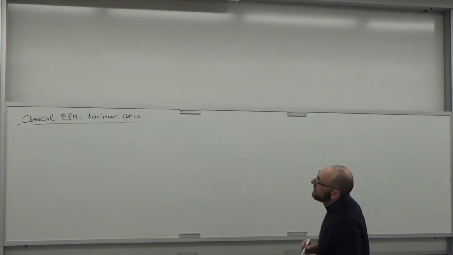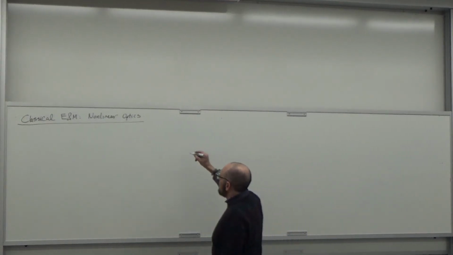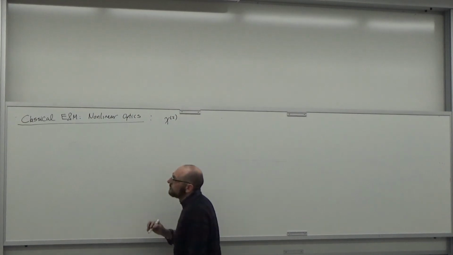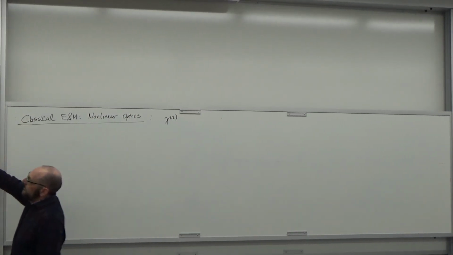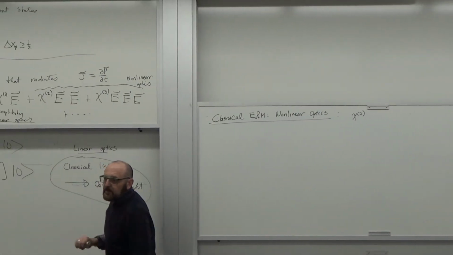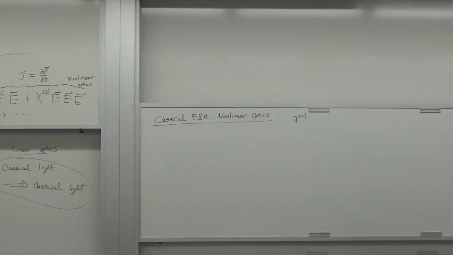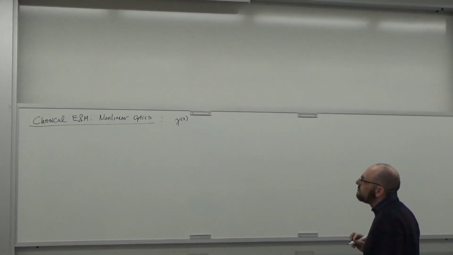So what can happen in this? Let's think about what we call chi2, this process. Let's just think about this one. Okay. So what can happen in this case?